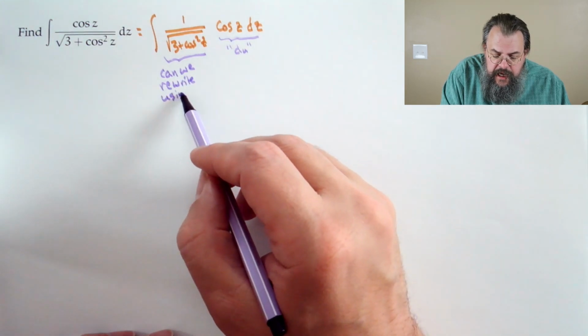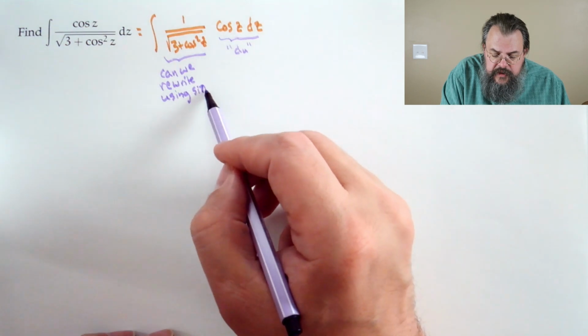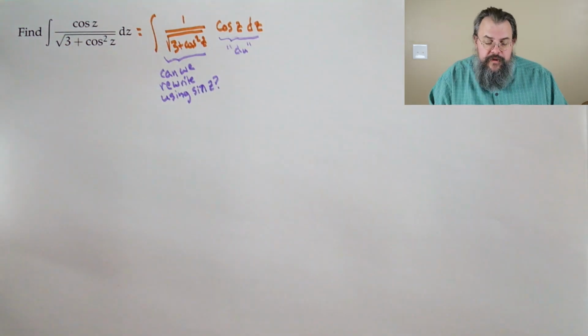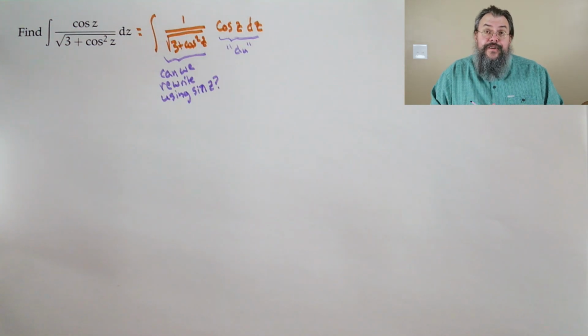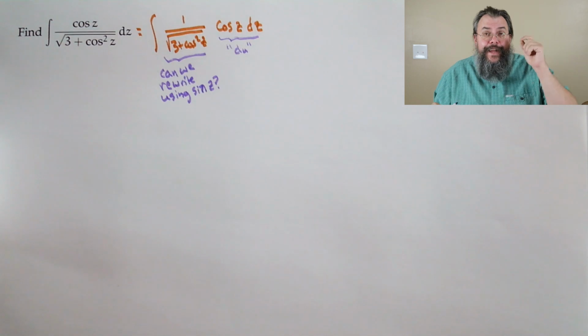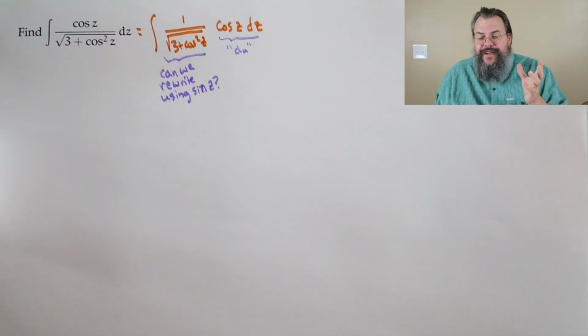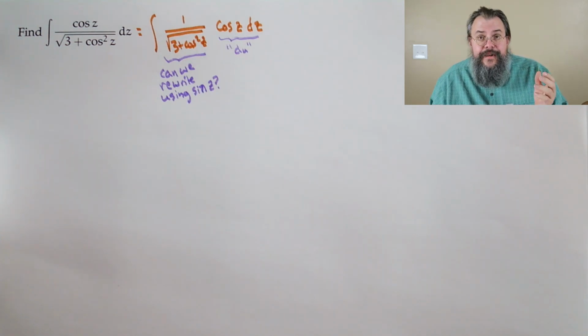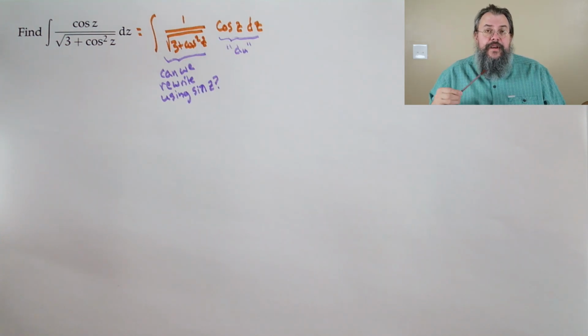And if we can, that's a good thing to do, because then we can make some nice substitution. Now the good news is the only thing right now is that cosine squared, and there's a nice connection between cosine squared and sine. In fact, it's one of our favorite identities, the Pythagorean identity.